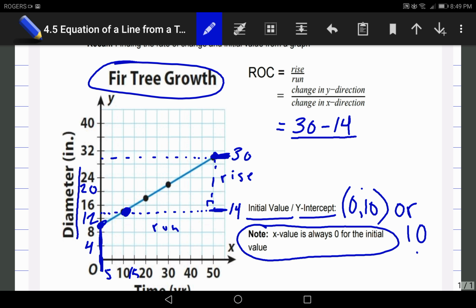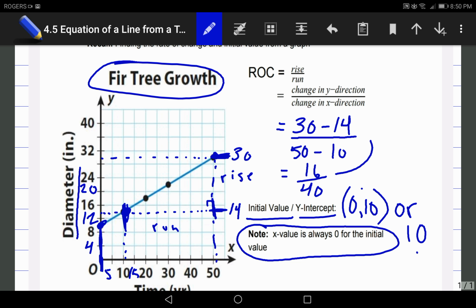Our run goes from this point here, from 10, to this point here, 50. So we did 50 minus 10 to find what that run value actually is. So we get 16 over 40.